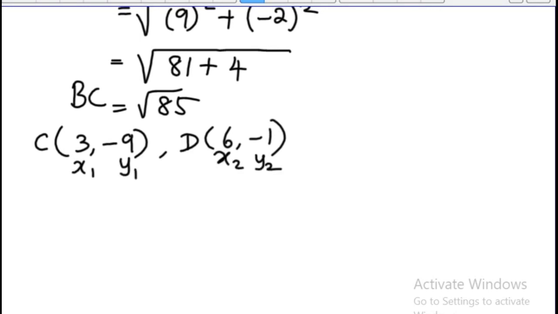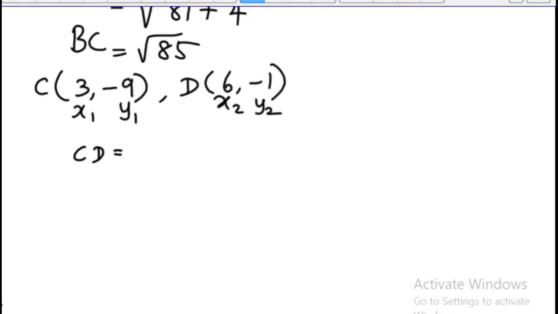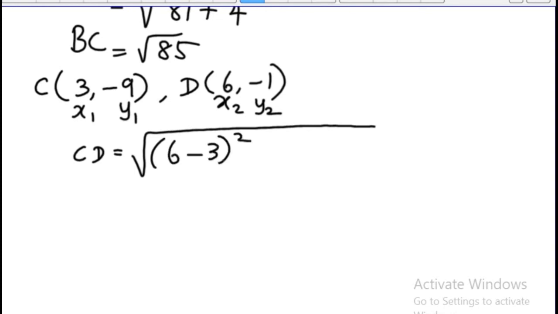Therefore CD is equal to root of (x2 minus x1), 6 minus 3, whole square, plus (y2 minus y1), y2 is minus 1, formula minus, y1 also minus, so it becomes plus, whole square.